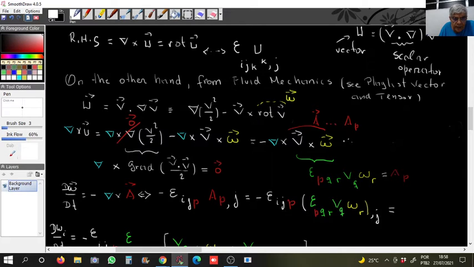This gradient, v squared over 2, is vector v dot v, this is v squared, divided by 2. This is a scalar, don't forget, and the gradient of a scalar is a vector, so the rotation of the gradient of a scalar is identical to 0, as we showed in the review of tensor notation.